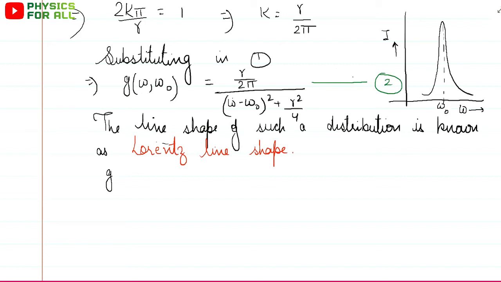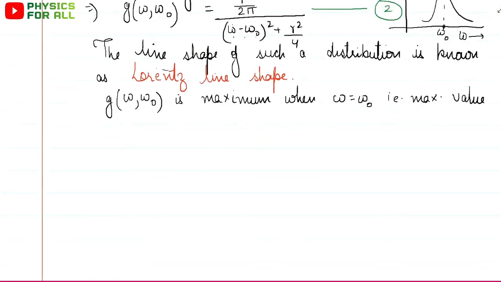So this line shape function would be maximum. This maximum, I max, would be obtained when the photons have frequency omega naught. That means when omega is equal to omega naught, g omega omega naught will be maximum.